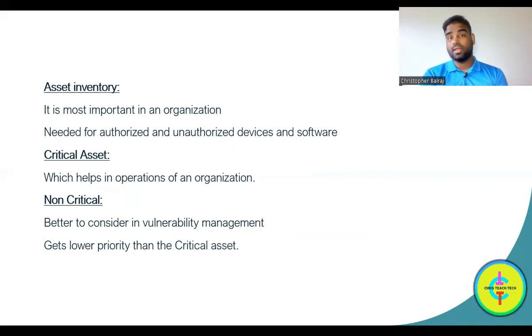What happens to the other 90 computers? You might think it will not bring any problem, but we don't know what software is running on those computers or what data is stored on them. So we should know what assets we have.